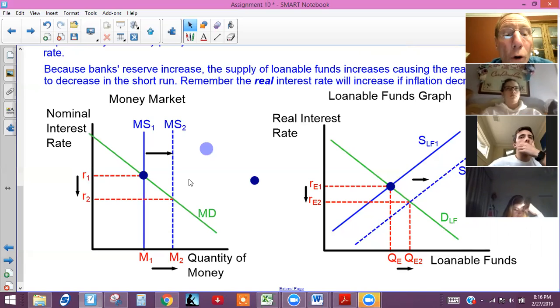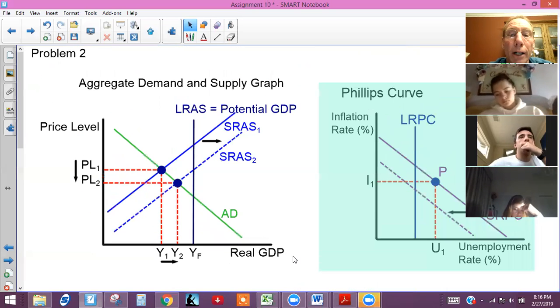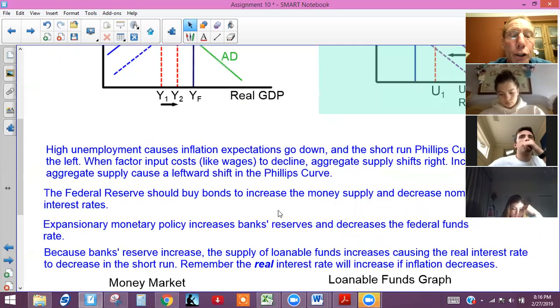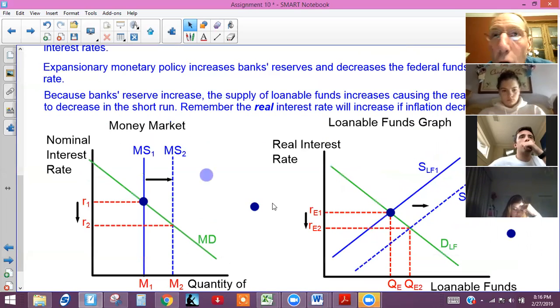Now, it also means that consumers are more likely to buy things on credit. So that's also going to shift the aggregate demand, which is a different graph, isn't it? Which is up here, right? To the right, because consumers are going to see that their credit cards have lower interest rates, right? So that's what the Fed's trying to do.